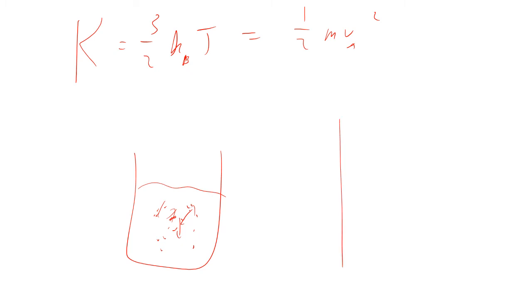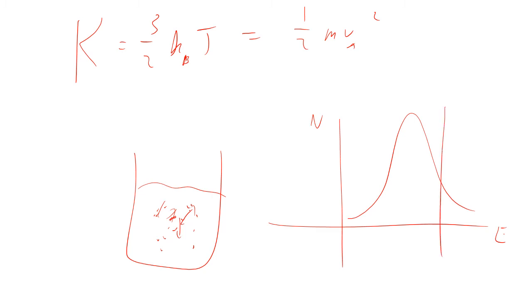If you make a graph of the number that have a particular energy, it would look something like that, just like with a gas. Some of these are going to be going fast enough that they can pull away. In other words, they'll have enough energy as if they were boiling away. So that's evaporation. Even though the average energy defined by the temperature of this object is well below the boiling point, a few molecules can get away.